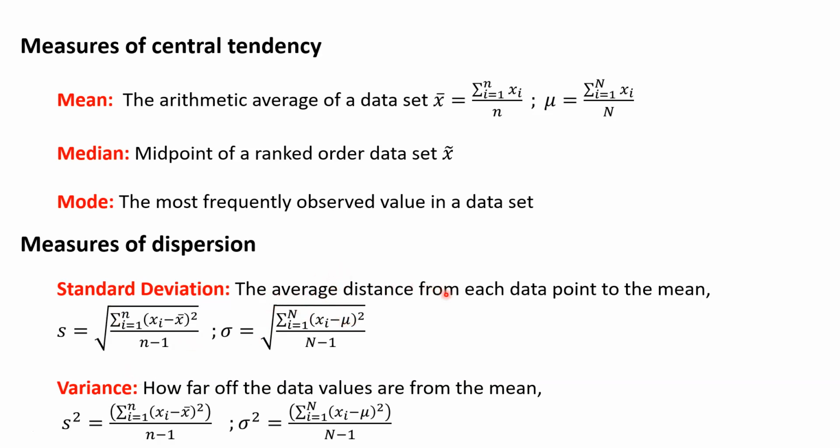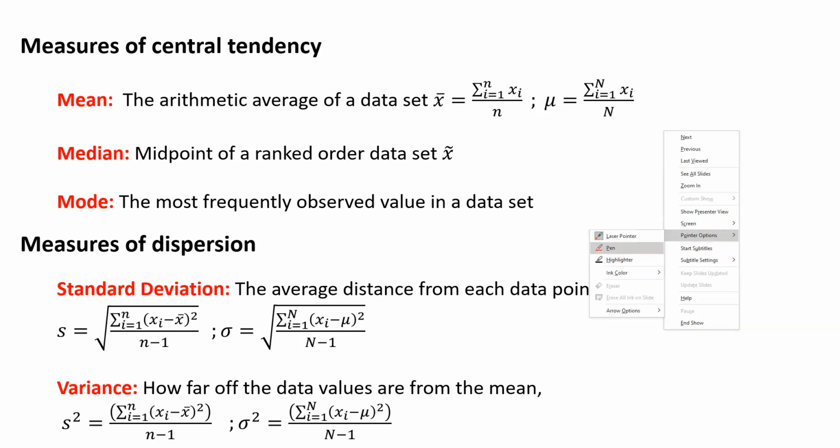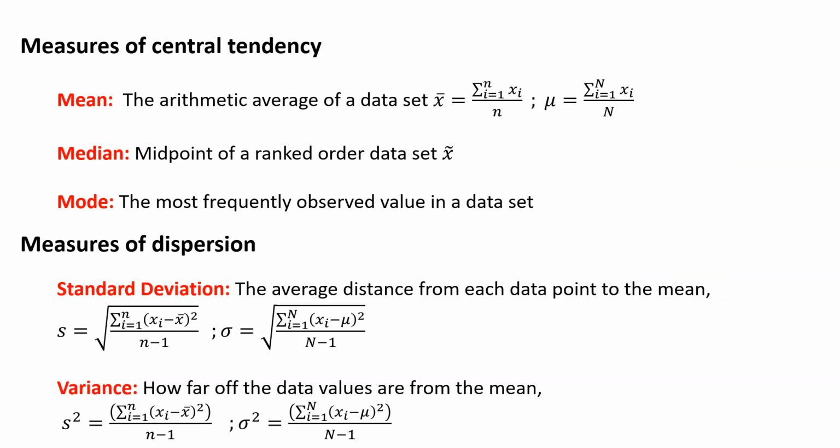Standard deviation is the average distance from each data point to the mean. And then you've got the square of standard deviation, which is your variance, which is how far off the data values are from the mean. So what we have here, let me bring up the pen, is up at the top, the measures of central tendency. This is just being able to understand the data around a central value. And here are ways of understanding the spread or the dispersion of that data.